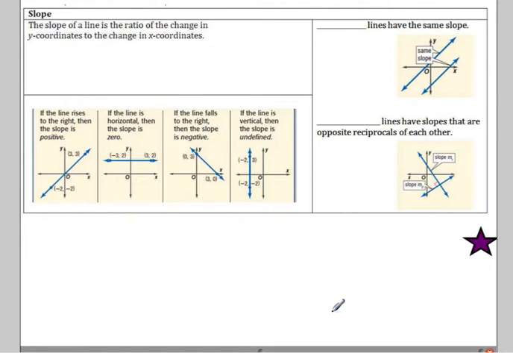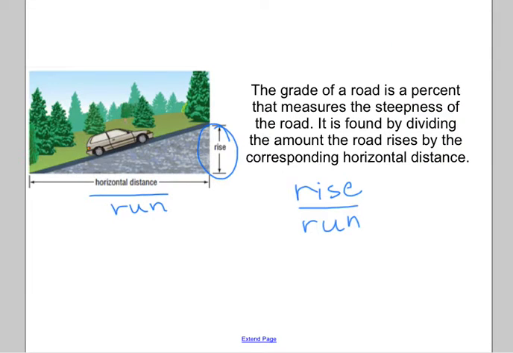The slope of the line is the ratio of the change in y coordinates to the change in the x coordinates. If I come back to this picture and think about your xy axis, I'll draw one on here, so it's not very straight. This is my x-axis. This is my y-axis.